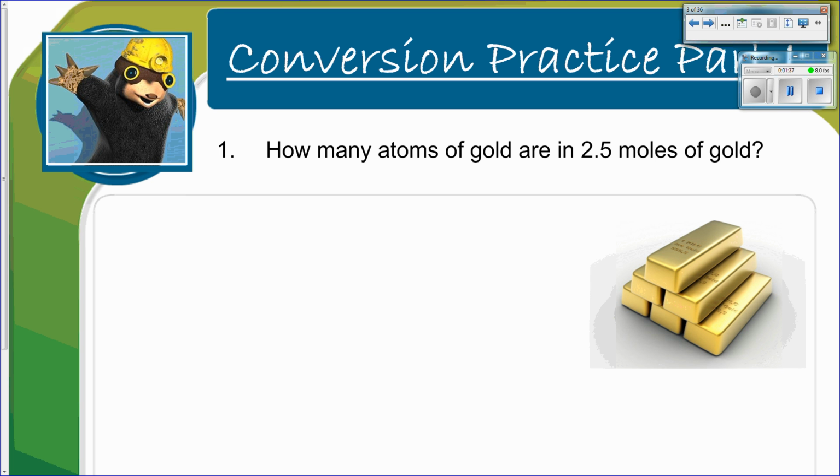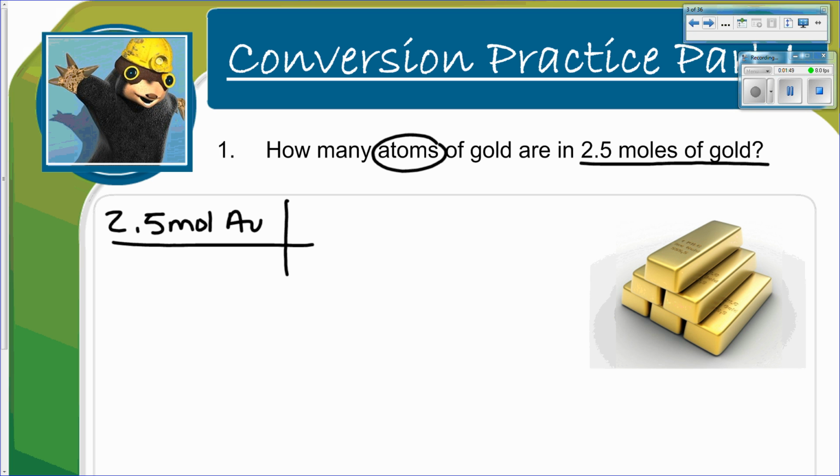So let's do a practice problem. How many atoms of gold are in 2.5 moles of gold? So this is where I'm starting, this is where I'm going. So we've got 2.5 moles of gold. That's my given. And we learned from the previous slide that moles to anything else, particles, you can even have moles of pencils for all you know.